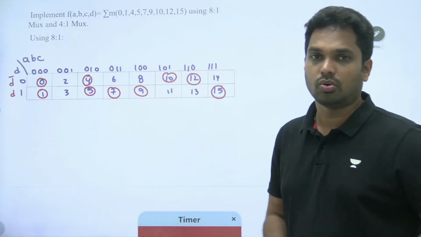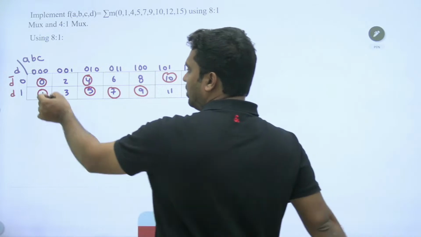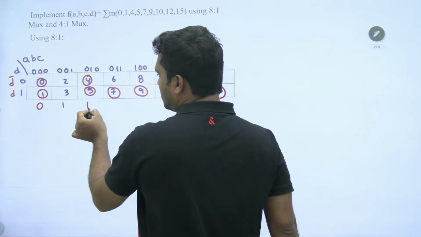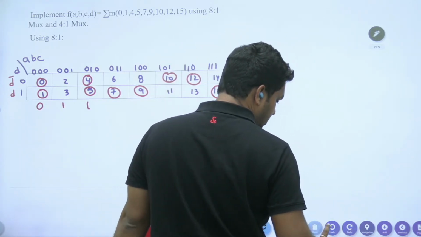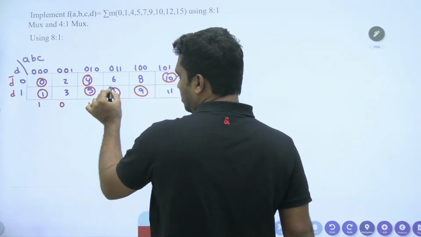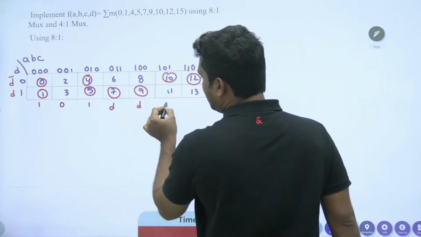Okay, so now let us see what inputs you should apply. Both are selected 0, nothing is selected: 0. Both are selected: 1. Here reverse. Both are selected 1, nothing is selected 0. Bottom is selected: D. Top one is selected: D bar is the input.